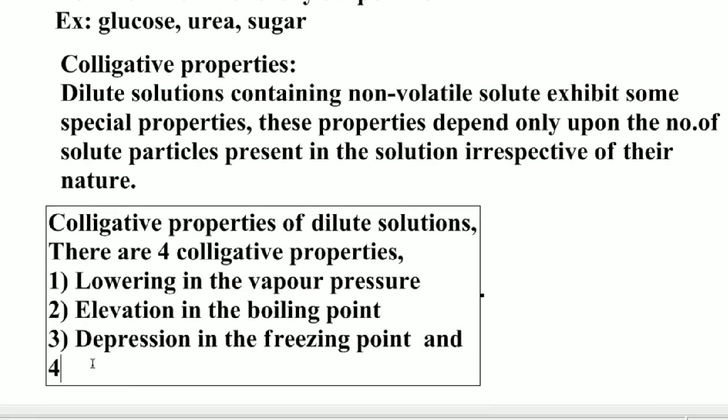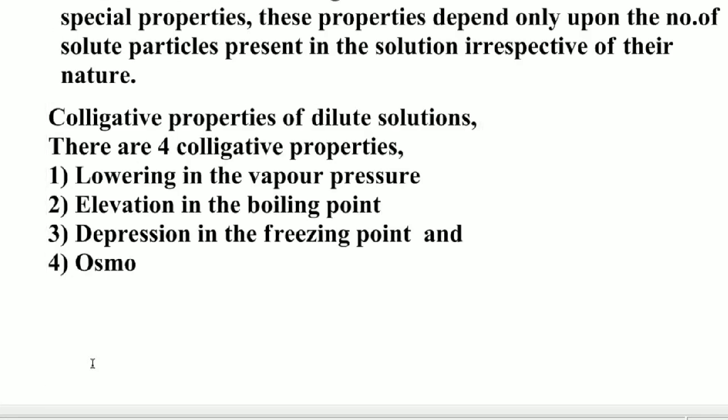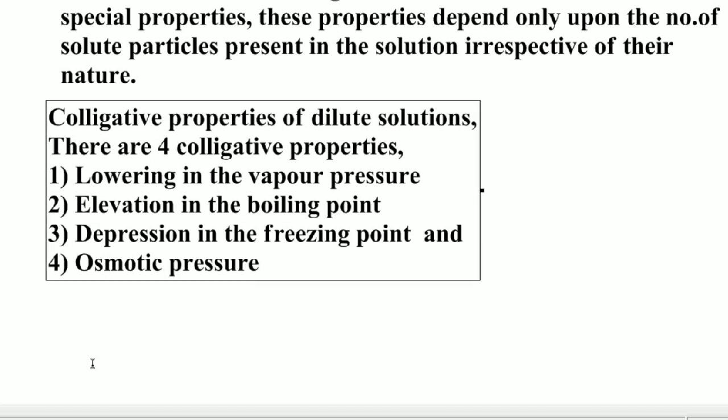Osmotic pressure is the fourth colligative property. So students, these are the four colligative properties which exist for dilute solutions: lowering in the vapor pressure, elevation in the boiling point, depression in the freezing point, and osmotic pressure.